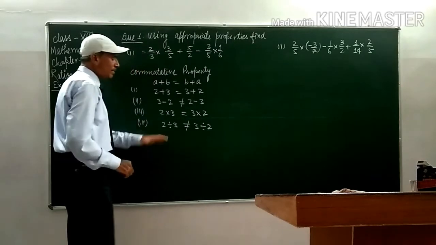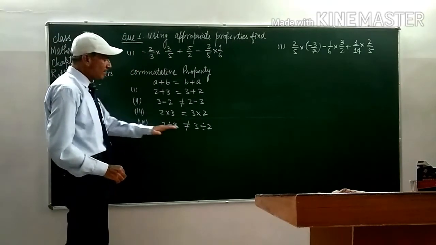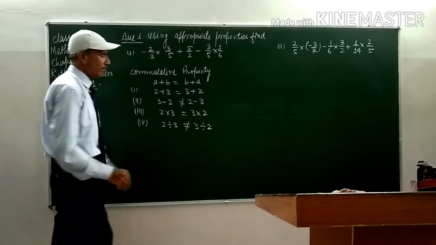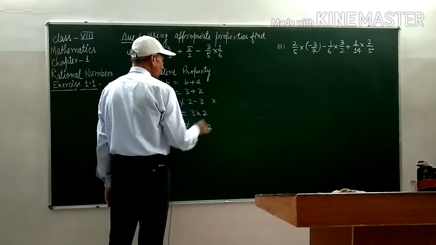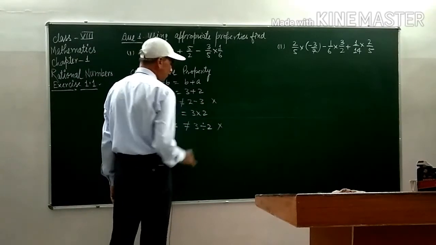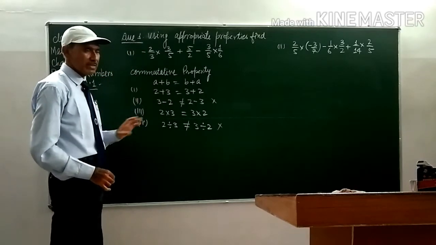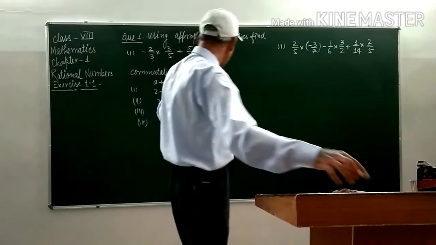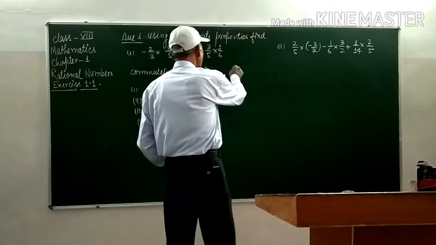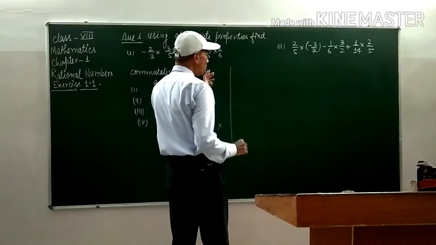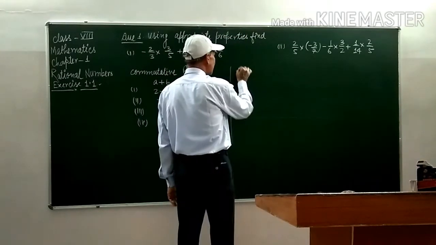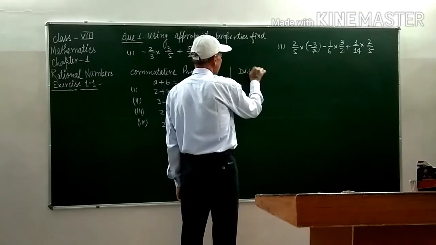It means division is not commutative for rational numbers. So subtraction and division are not commutative for rational numbers. Clear? So this is the commutative property. Again we are going to talk about another property, that is the distributive property.